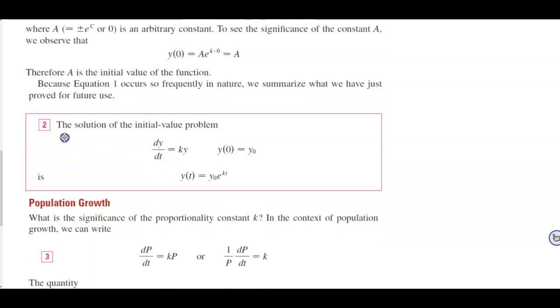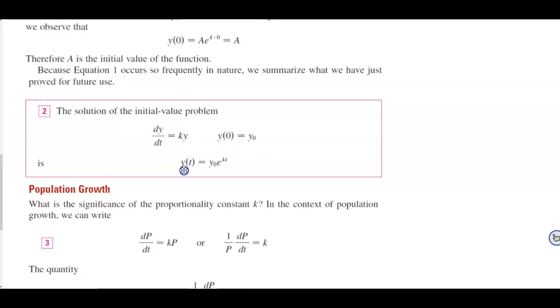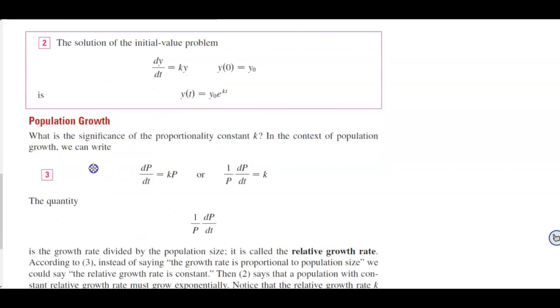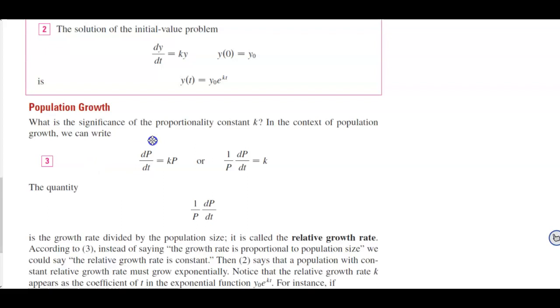So for equation 2, the solution of the initial value problem dy/dt equal to ky, where y(0) is the initial value of y, is the following function: y(t) equal to the initial value of y, times e to the power of kt.